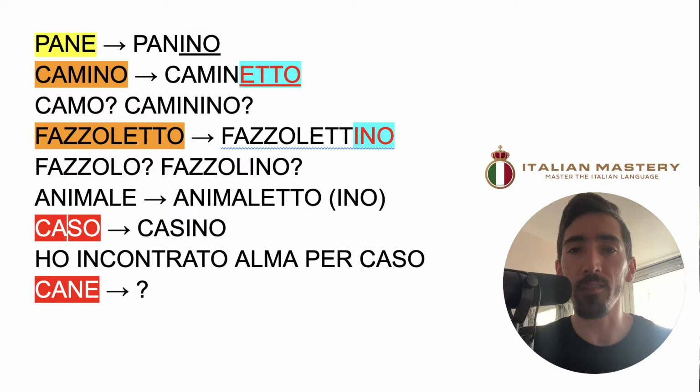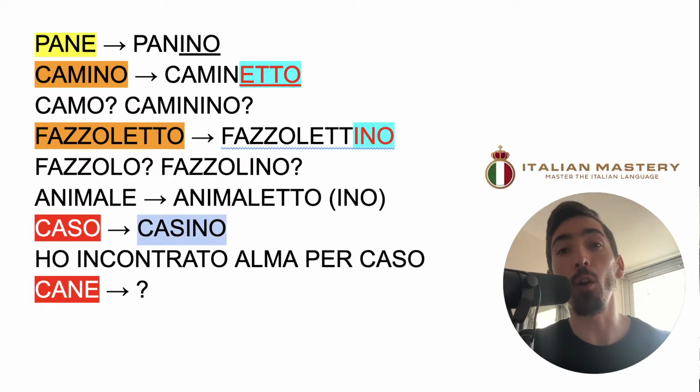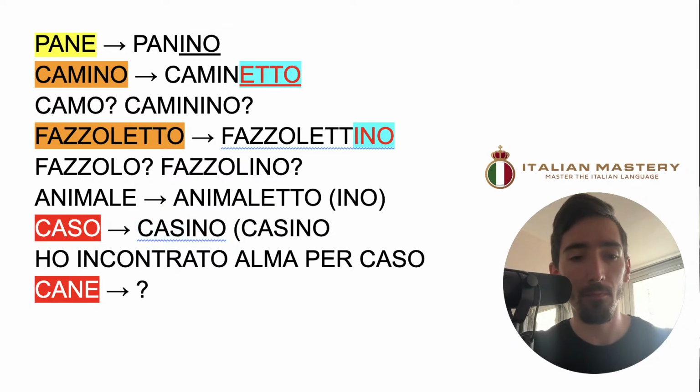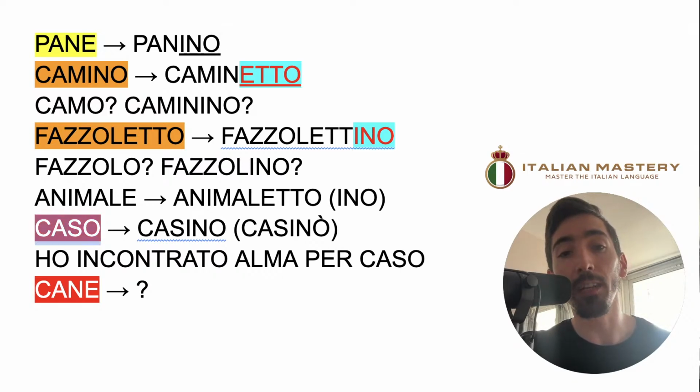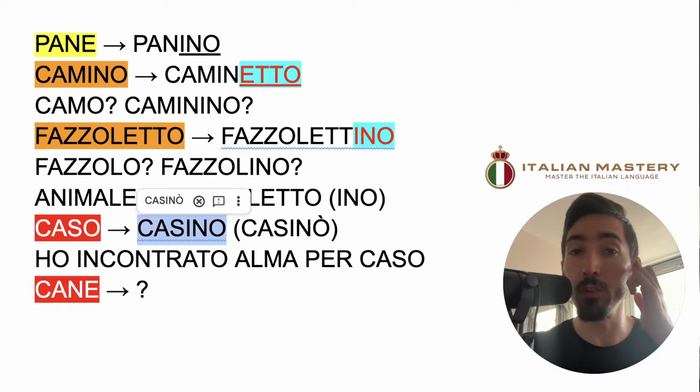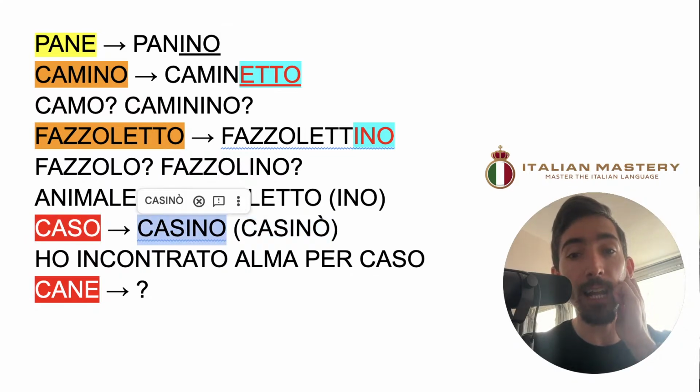So here is the issue. Caso is a word that exists, and casino is a word that also exists. And this is not the same as casino, by the way. Casino would be a different word. But they both exist. So there is a problem. And the solution to that problem is that we just don't do alteration on the word caso, right? Un piccolo caso, you're not going to say casino in that sense, because you would change the meaning of the word completely. It would be confusing because there are two different words in Italian.